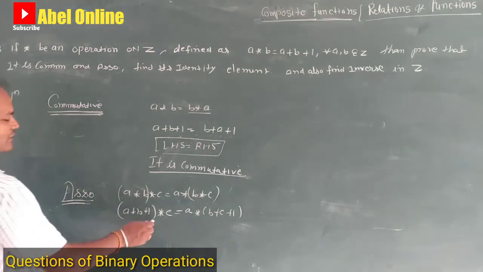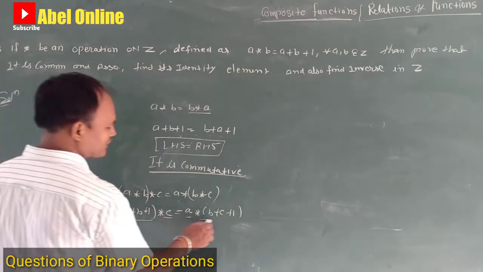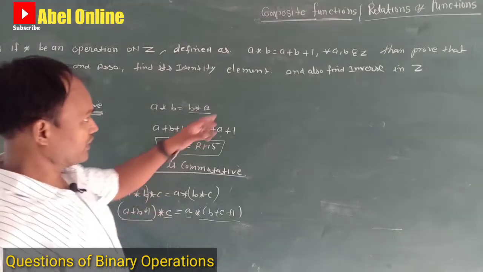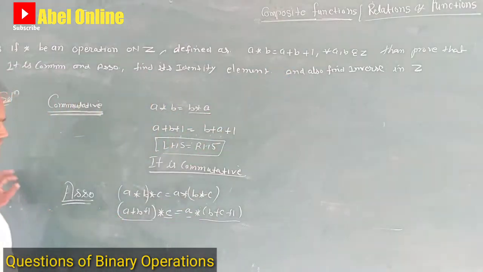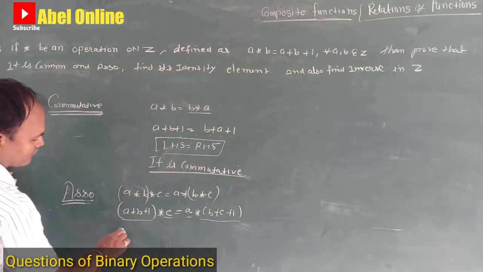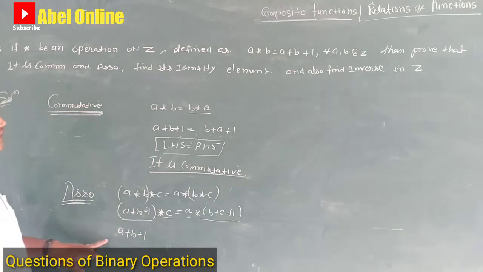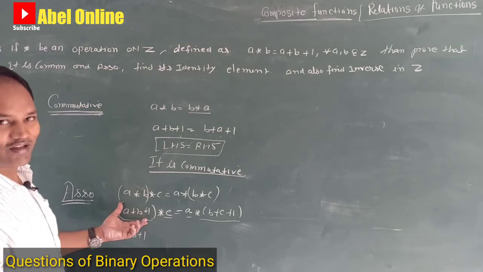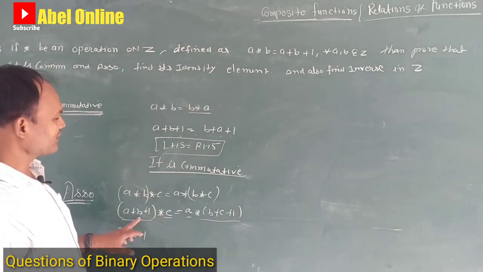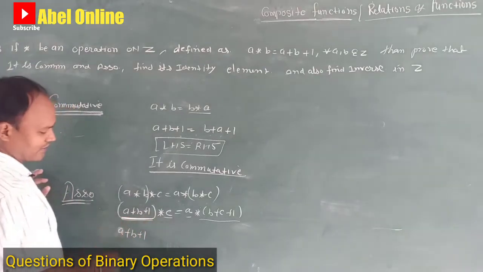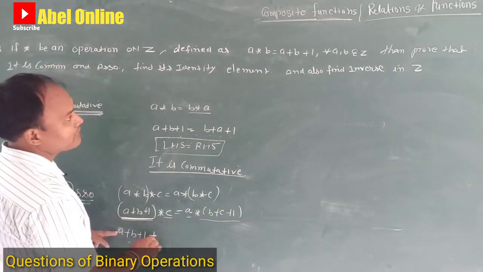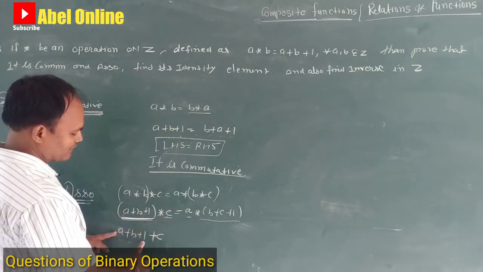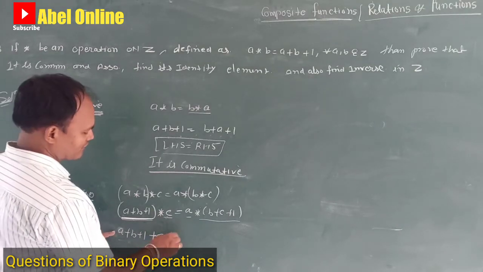Now this is the value of A and this is the value of B. So put A plus B plus 1 as A, and C as B. So A plus B plus 1 plus C plus 1.